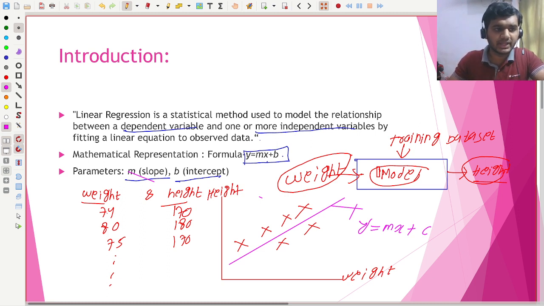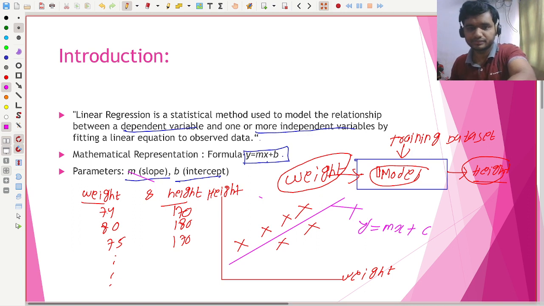The model learns the coefficients, that is the weights, during the training process to minimize the error between the actual output and the predicted output. The aim of linear regression is to fit a best fit line so that the error is minimum. Common techniques for training include ordinary least squares, gradient descent, and stochastic gradient descent. We'll discuss each method later.